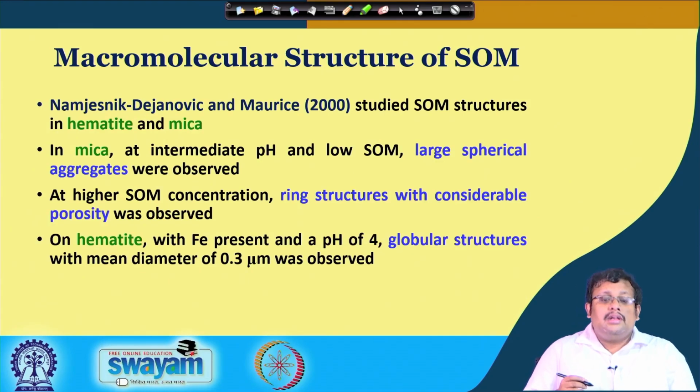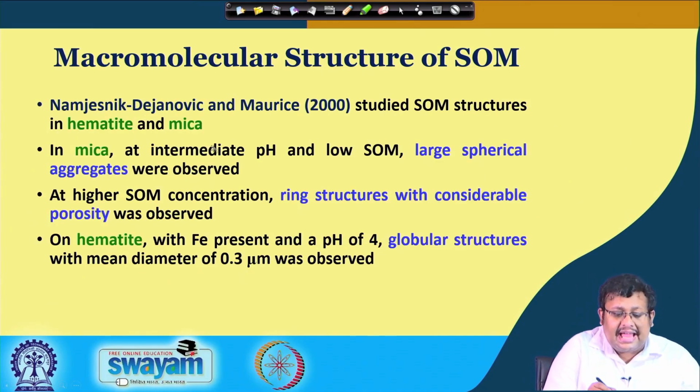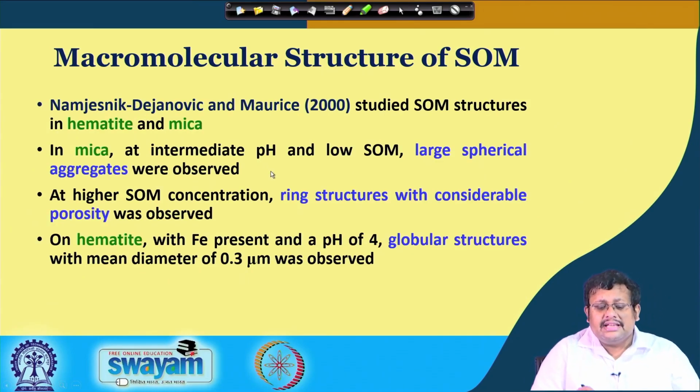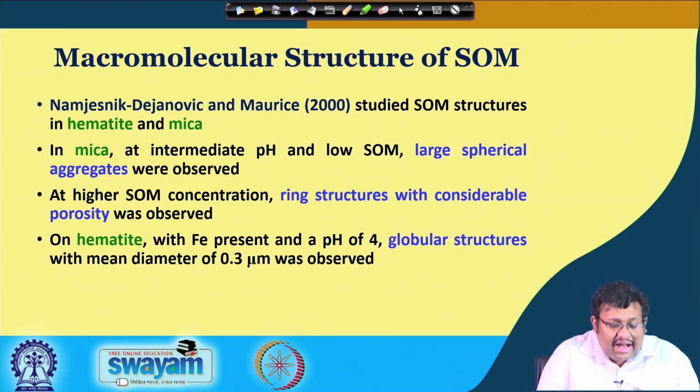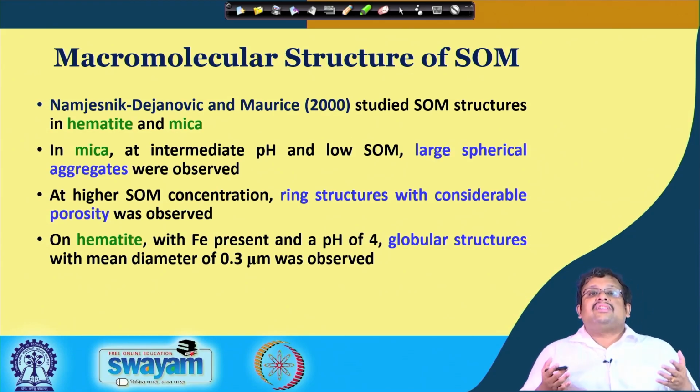Another scientist group, Namjesnik-Dejanovic and Morris in 2010, studied soil organic matter structures in hematite and mica. So, they have found that soil organic matter can be bound to hematite and mica, and in mica, at intermediate pH and low soil organic matter concentration, large spherical aggregates were obtained, and in case of higher soil organic matter concentration, ring like structures with considerable porosity were observed.